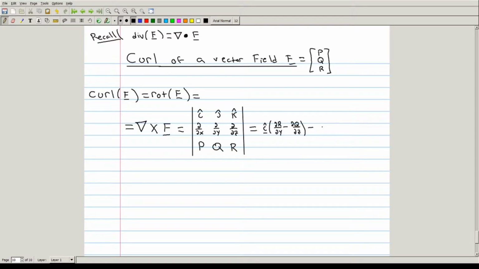You'll have minus j hat times dR/dx minus dP/dz. And then lastly you get plus k hat times dQ/dx minus dP/dy.